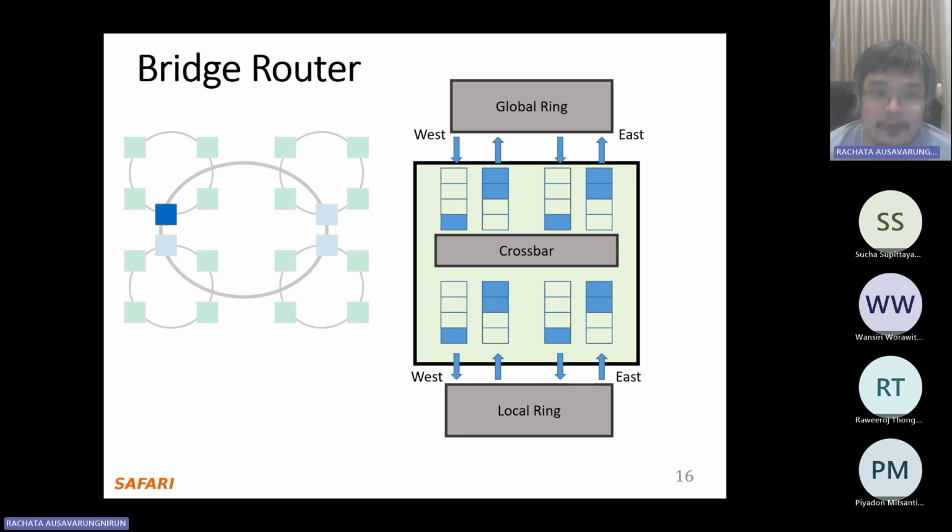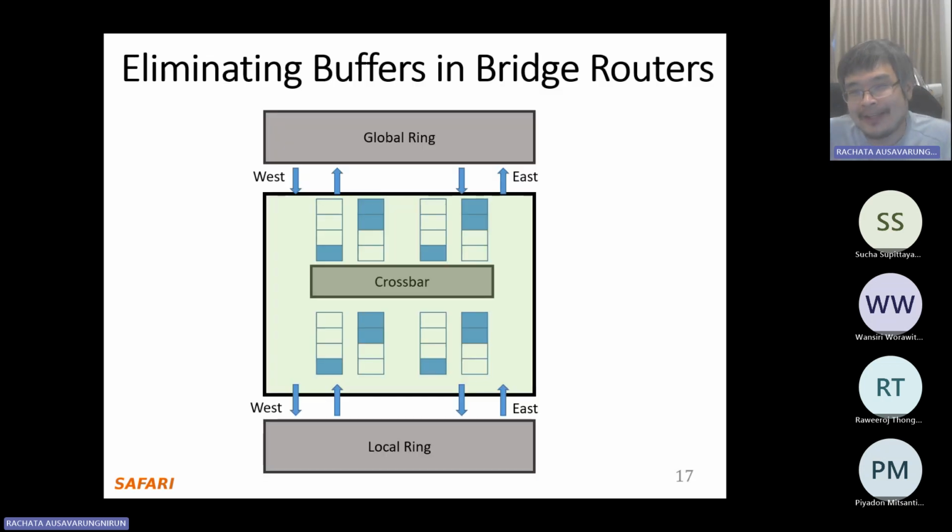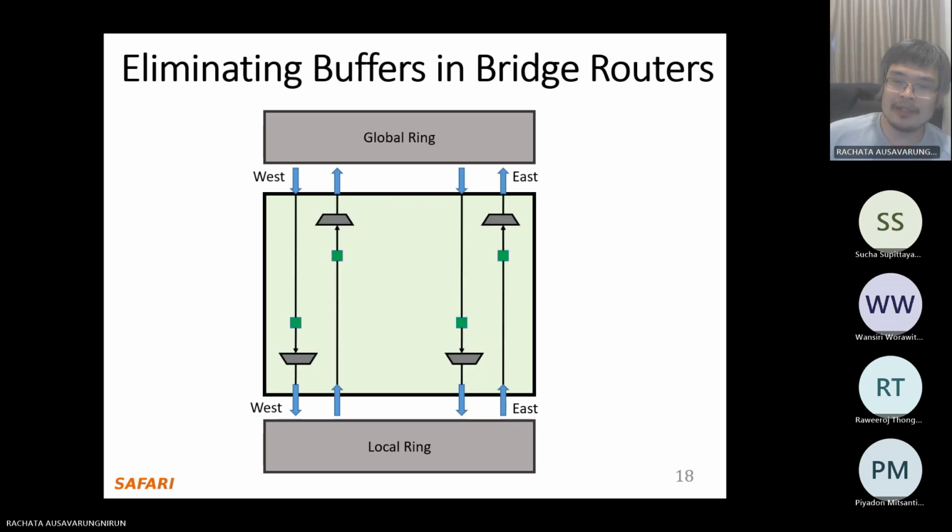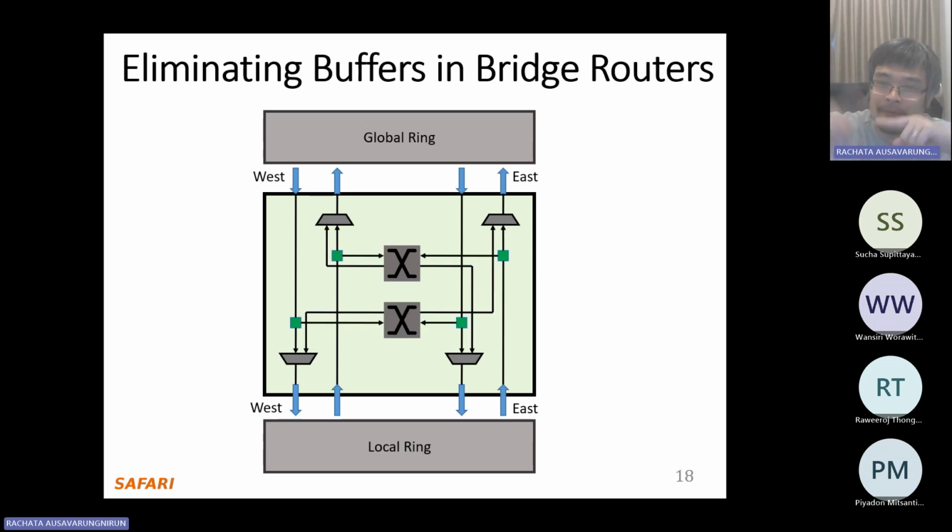Usually we have a crossbar in them to forward to the right place. Again, we want to make this as simple as possible. So the first thing we do is get rid of the buffer. Get rid of the complex crossbar. Now what we add is something simple: if you're on the west, you connect to the west or the east. So you can go from the east or the west.